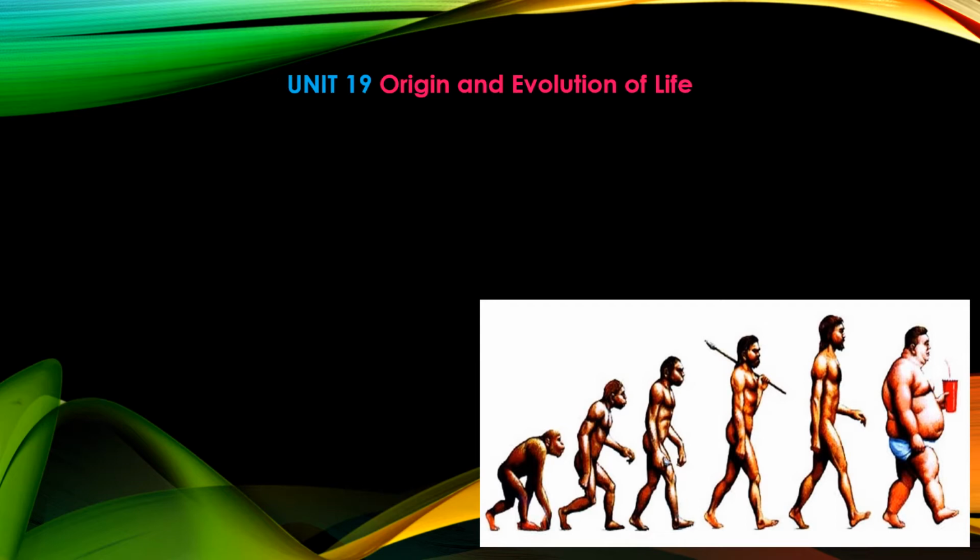Most aspects of evolution indicate that knowledge of the past has become essential for fully understanding the present. The history of life comprises two aspects: one is origin of life, the second is evolution of life.